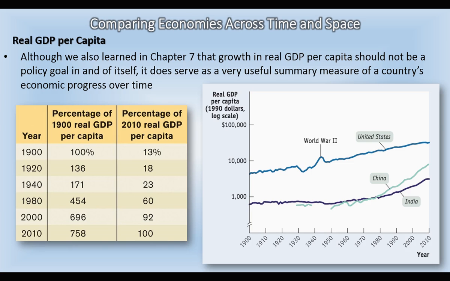Here's a percentage of 2010 real GDP per capita, just looking at it differently, saying that, well, let's say 2010 is kind of the base year. So in 1900, the real GDP per capita, each person on average was producing, and therefore had a value in the economy that they were representative of.